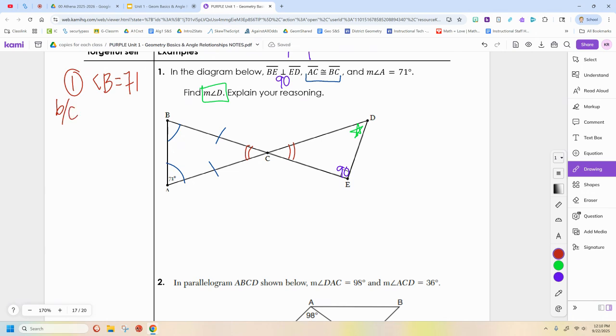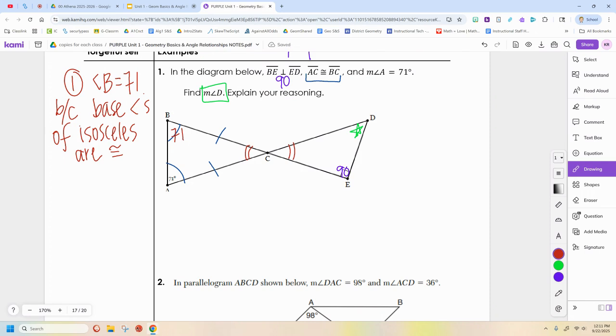Because base angles of isosceles are congruent. Okay, it's not a complete sentence. I use symbols in my sentence. You can choose to use symbols or write words. Does that make sense though? Okay. So I'm going to put a 71 right here.